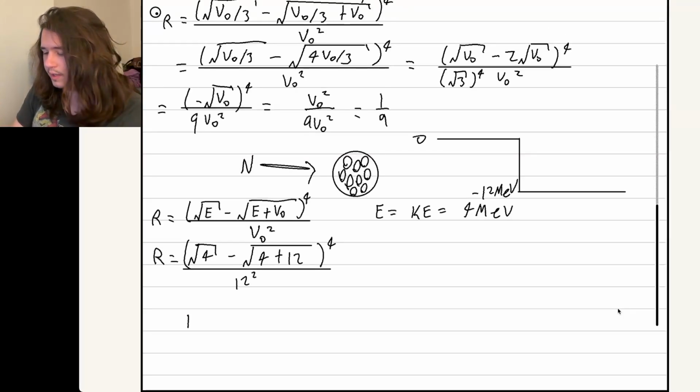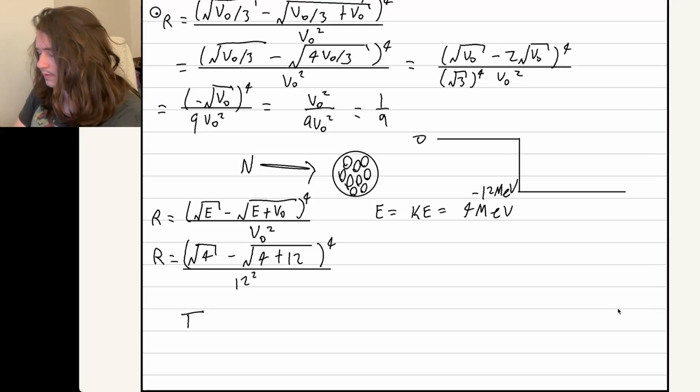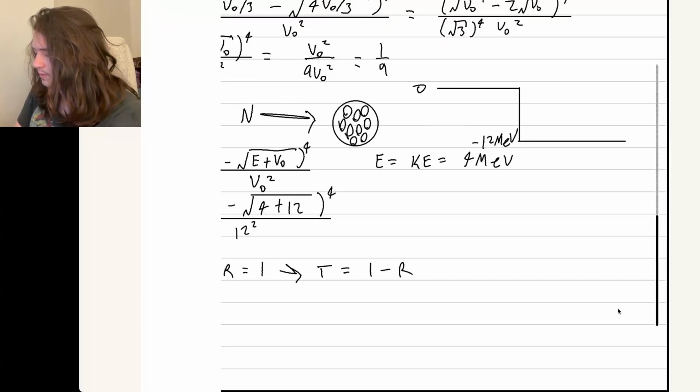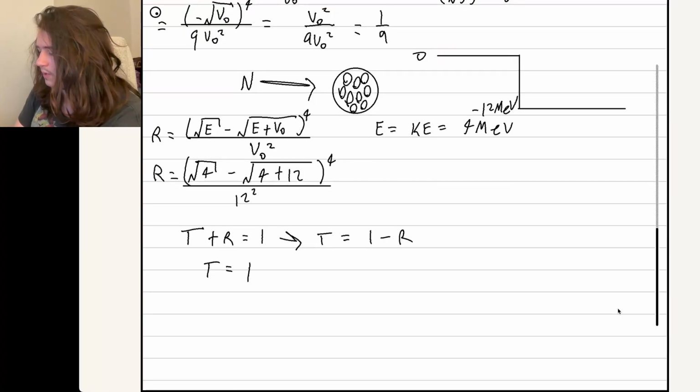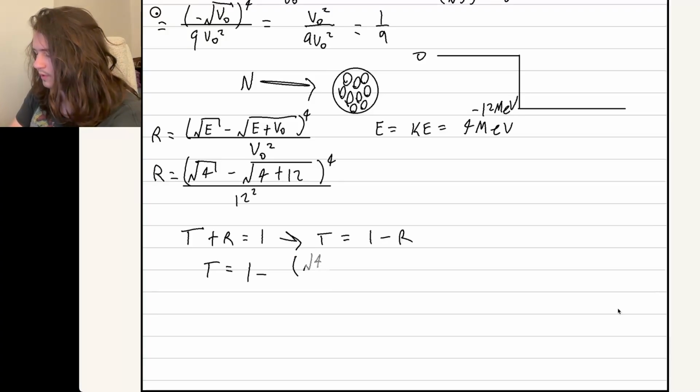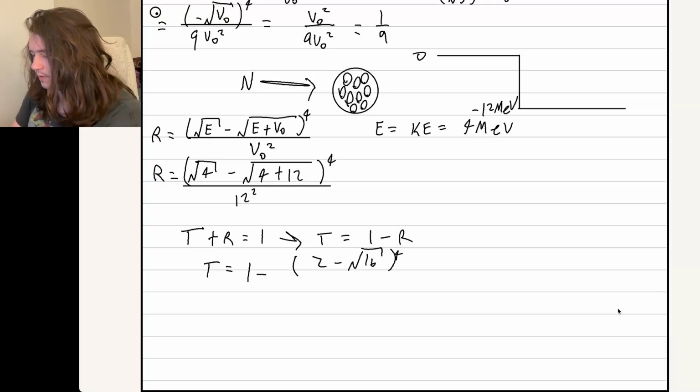The problem asks for a transmission coefficient, though, so if you need that, all you need is the fact that T plus R equals 1. You can solve that for T, so it's 1 minus R. So you'll find that the transmission coefficient is 1 minus, and then this is going to be root 4, which is 2 actually, 2 minus, and then this has to be 16 in here, to the 4th, and then over 144.